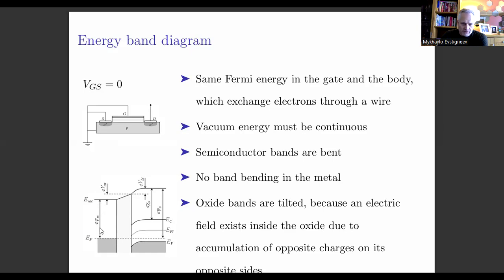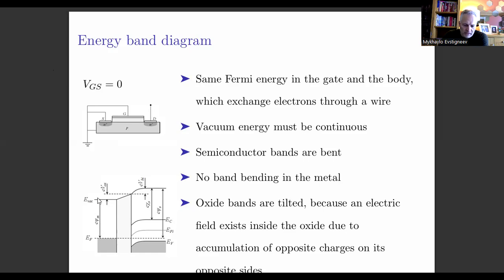The energy difference between the vacuum energy and the Fermi energy is called the work function. The work functions of the metal and of the semiconductor are different, and this means that the semiconductor bands must bend.